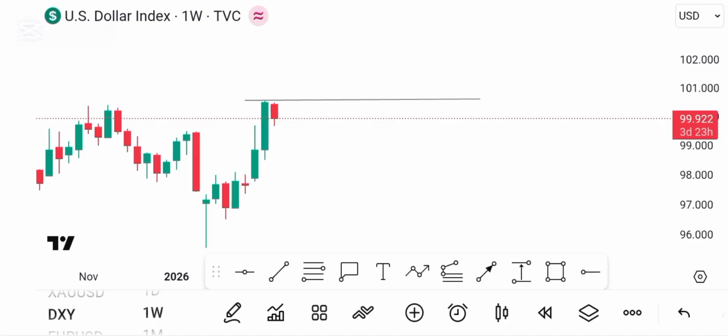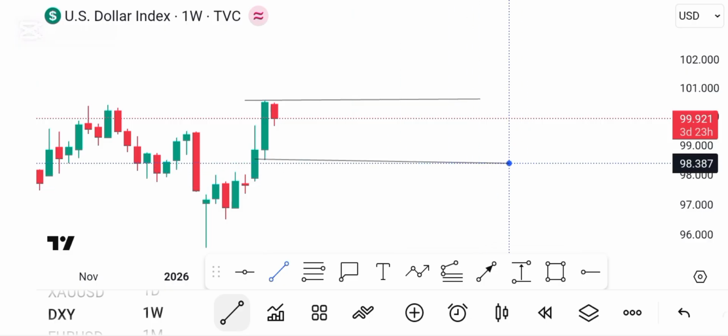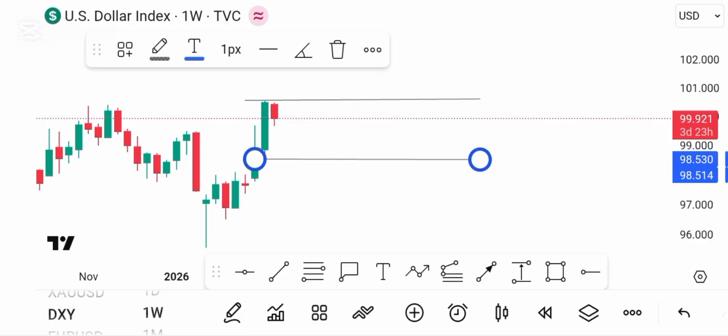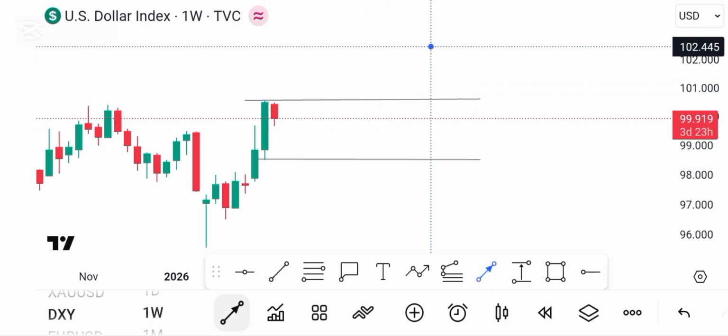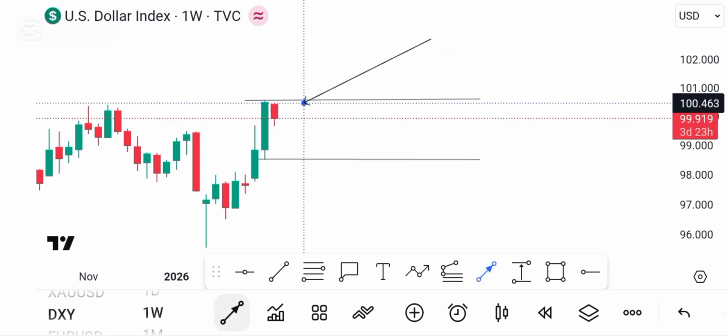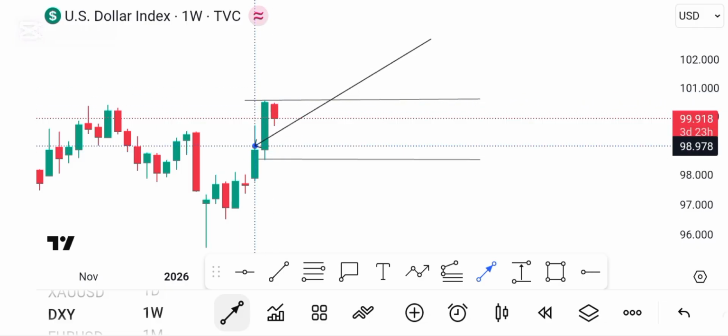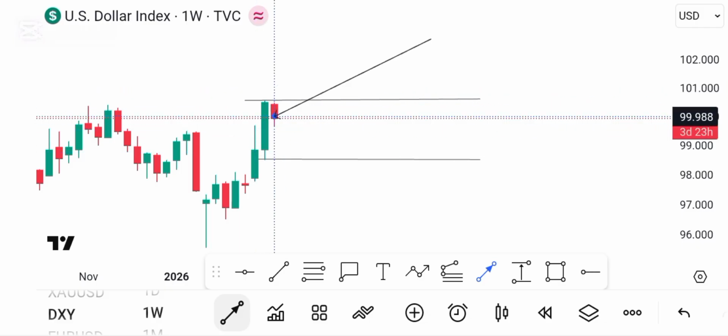Yeah, so this was the point where price got to the previous week and closed, and this was the support level. We have the resistance level here, and we have the support level here. So this green candle represents the previous week.